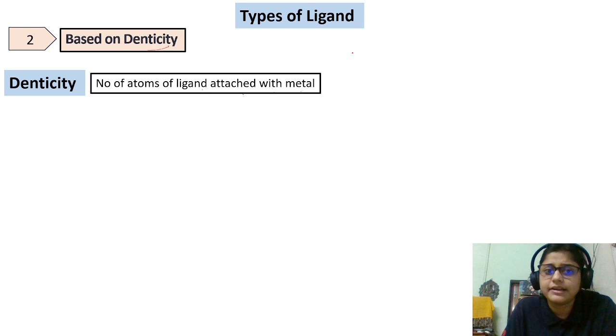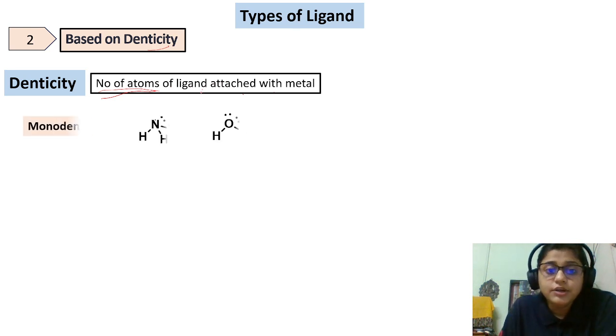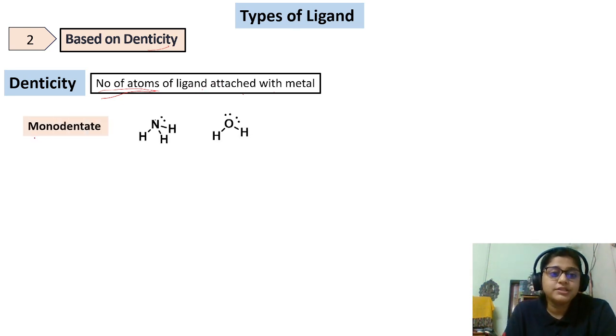It has many atoms. So please remember this: the number of atoms of the ligand attached to the metal, not the number of electron pairs, nothing else, the number of atoms. Clear? So monodentate, mono means one.